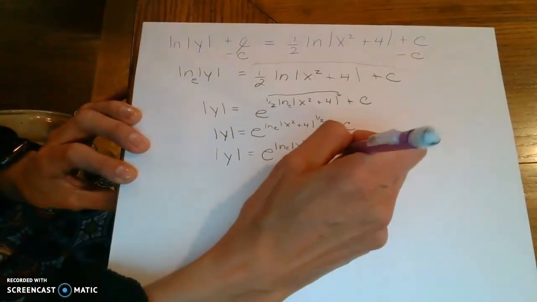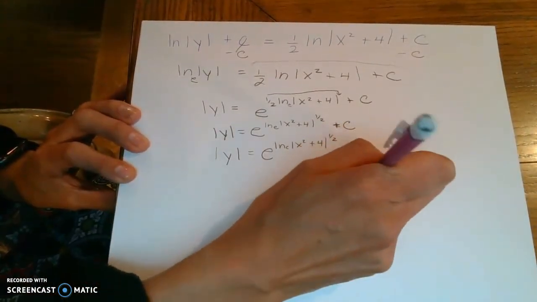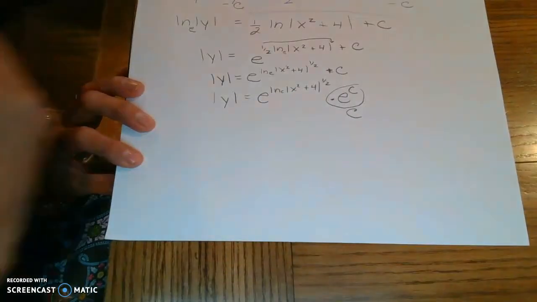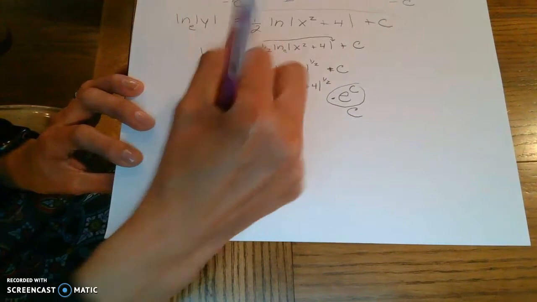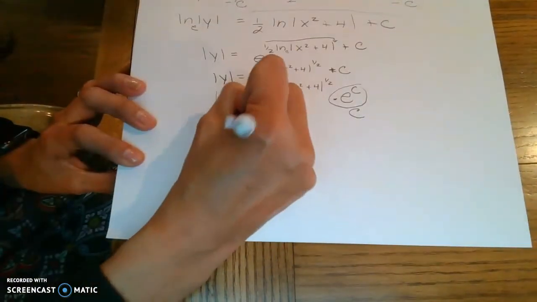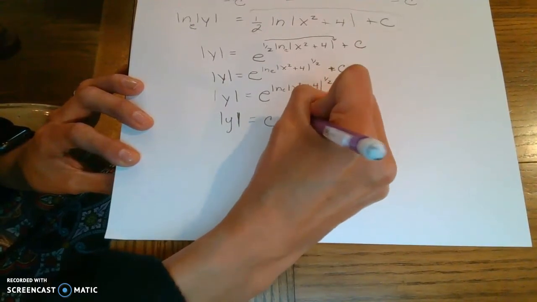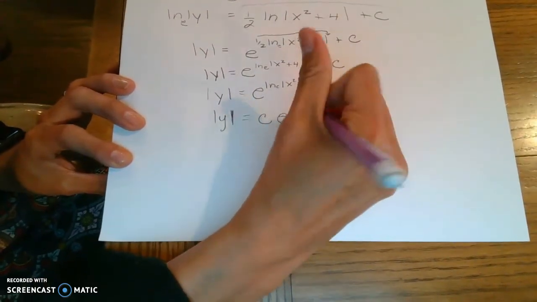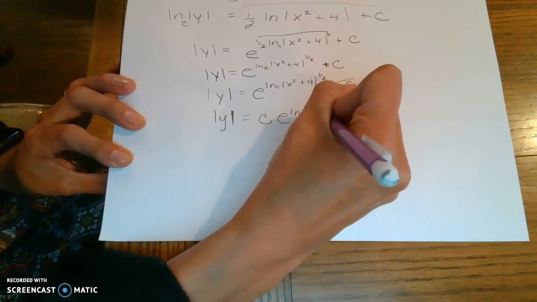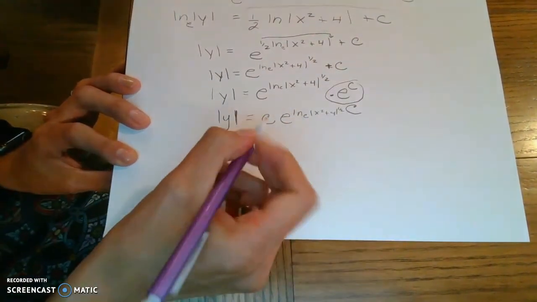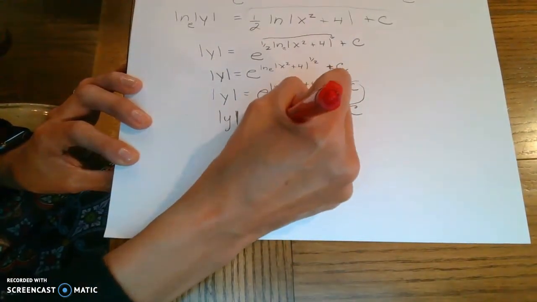So I'm going to rewrite this as just c, and I'm going to use it as a coefficient because it's being multiplied. So now this becomes the absolute value of c times e to the ln of the absolute value of x squared plus 4 raised to the 1/2.